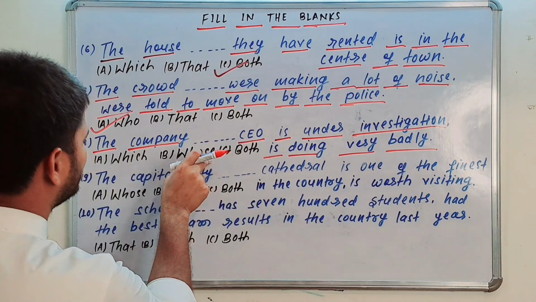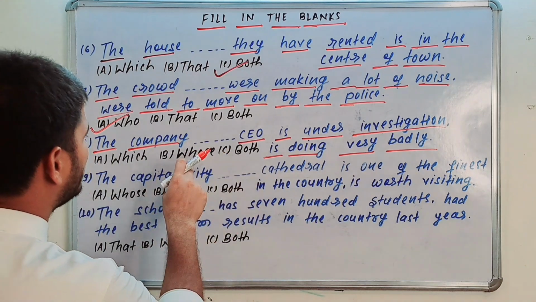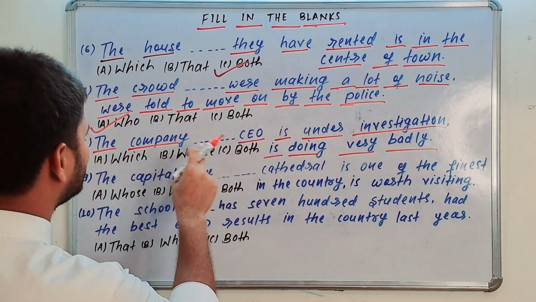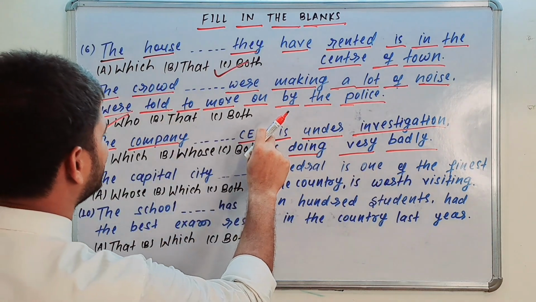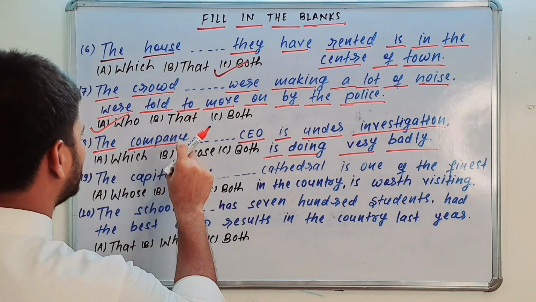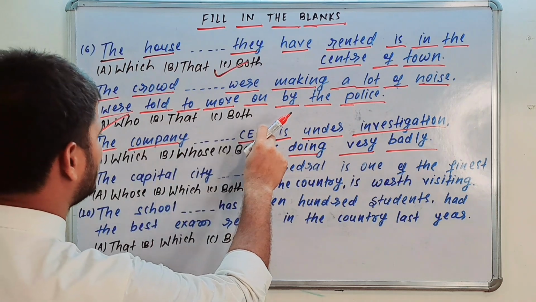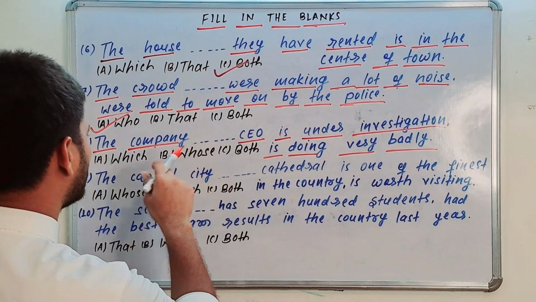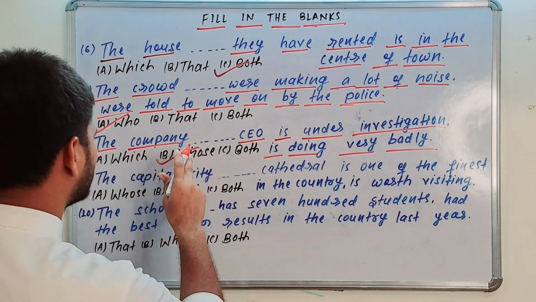The use of whose is for possession. So who possesses that company? The CEO, a man. So that's why here whose is the right answer, option B.